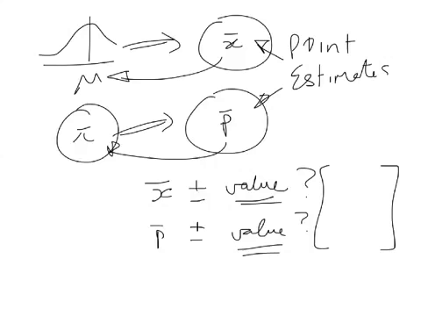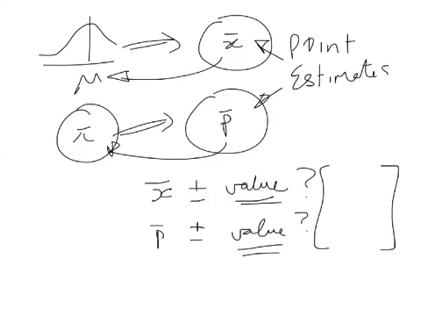In other words, we might say we are 90% sure that the true parameter is contained in that interval, or we are 95% sure or 99% sure that the true parameter is in that interval. So it brings us to the idea of what we call confidence intervals.